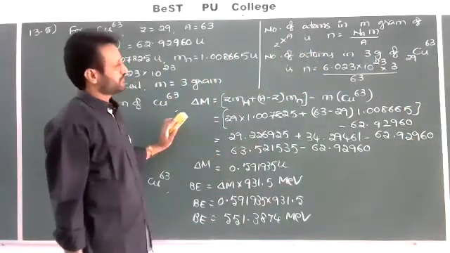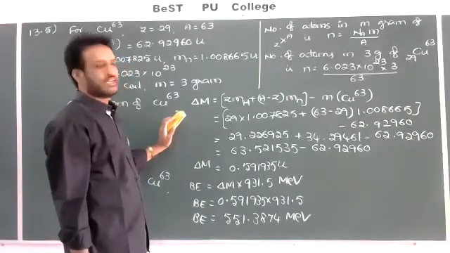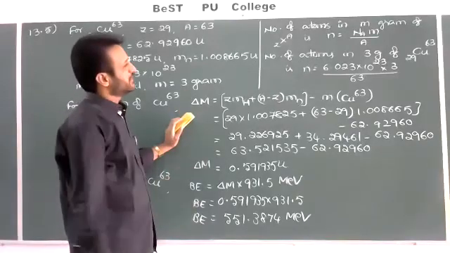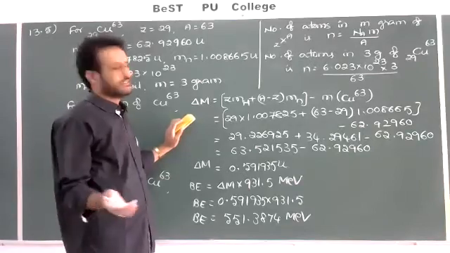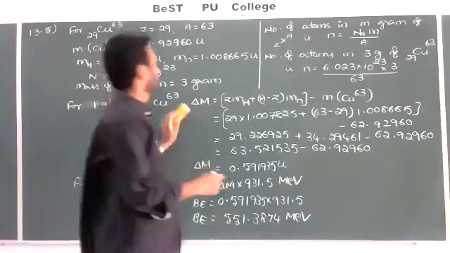Simplify this one. The general formula is the Avogadro number into the mass of the sample by the mass number. So the number of atoms in 3 grams of the copper coin is the Avogadro number into 3 grams by the mass number.